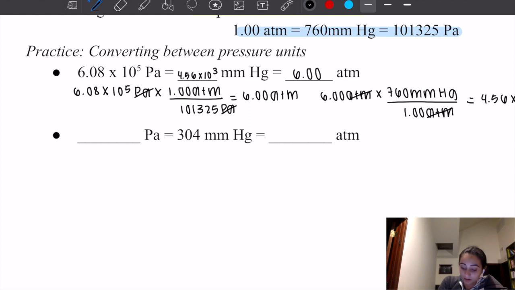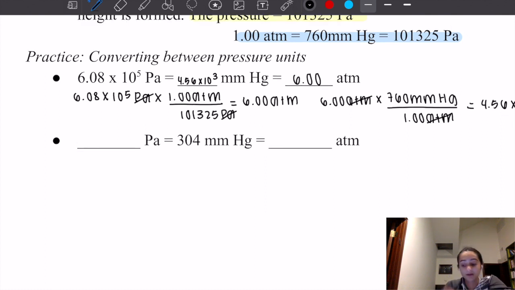So now we're going to do 304 millimeters of mercury and convert it to pascals and atmospheres. So I'll do this one converting to pascals first so you get a feel of what it's like to not convert to the unit of 1 immediately.